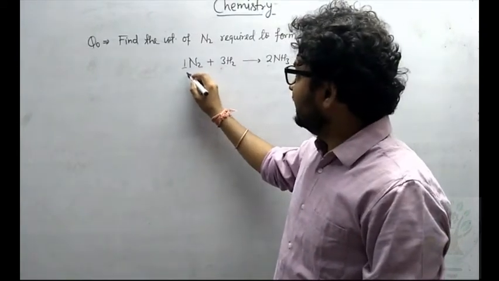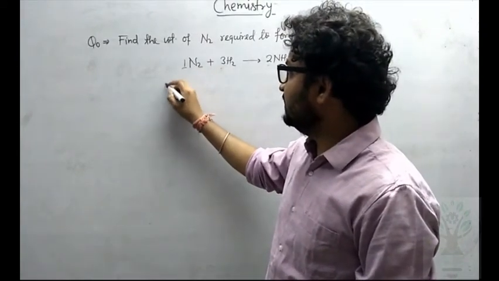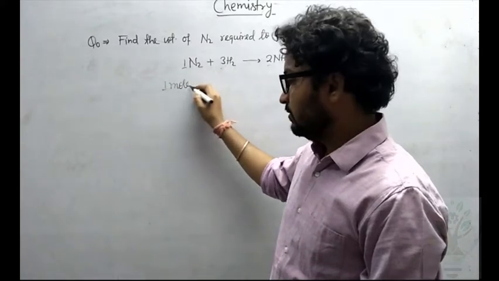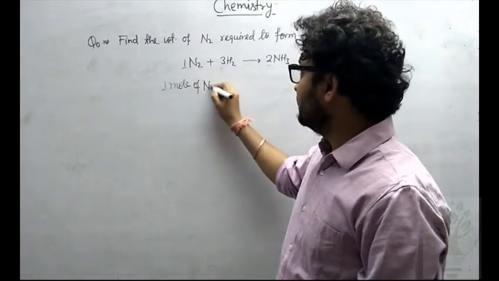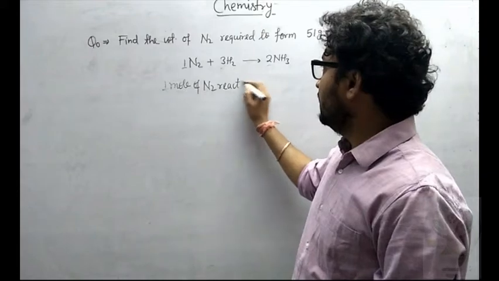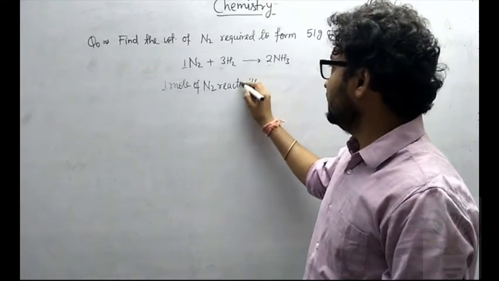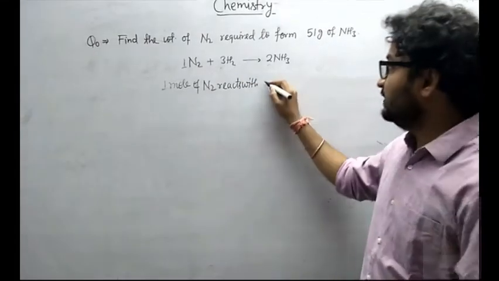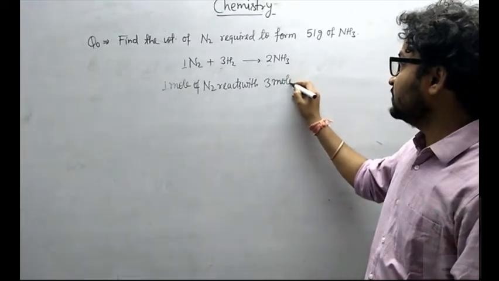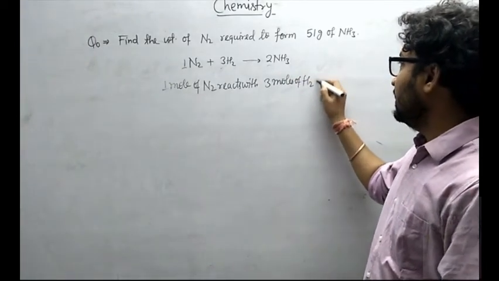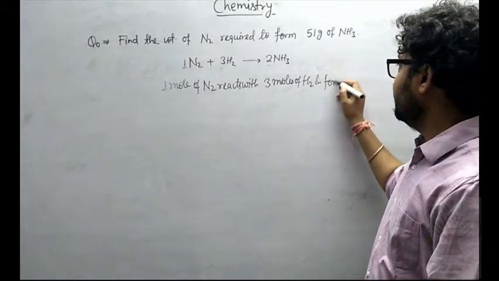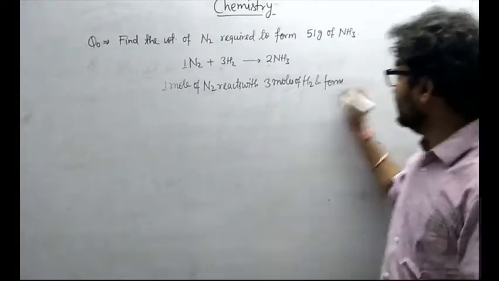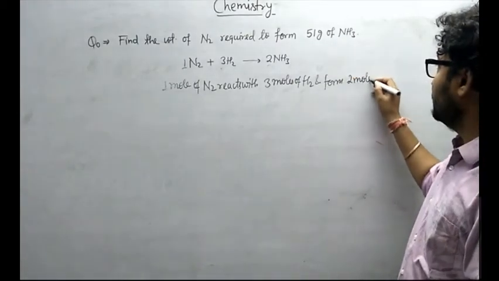I hope you can see what the relation is. The relation is 1 mole of N2 reacts with, tell me, how many moles of H2? It reacts with 3 moles of H2 and forms how many moles of ammonia? 2 moles of ammonia.